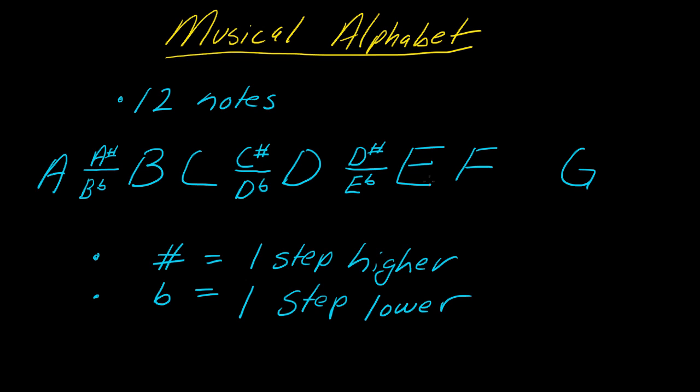E and F, there is no note in between those. Between F and G, there's either an F sharp or a G flat. Okay, and after G, it repeats back to A here, but there is a note between these two. Can you guess what that would be?